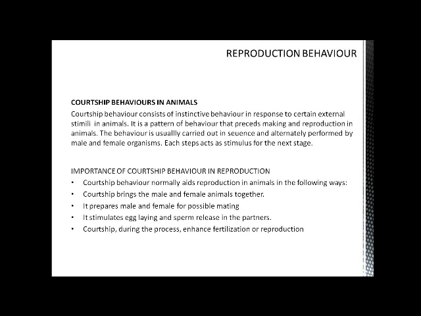Behavior here simply means all the actions, all the manners, every other thing, like signs, attributes that animals show prior to giving birth to their kind or new offspring. That is what is referred to as behavior.